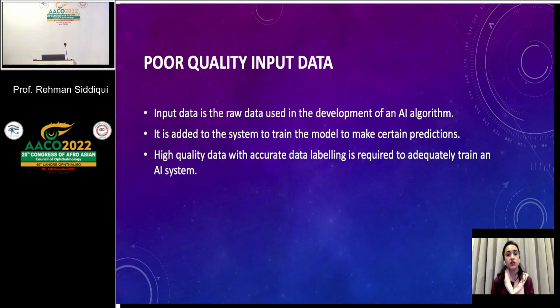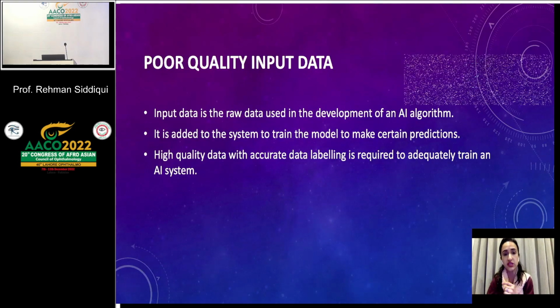Okay, so as we can expect, high quality input data with accurate data labeling is required to adequately train an AI system. So if I were to feed images of diabetic retinopathy to an AI system with improper grading, with faulty classes and grades of diabetic retinopathy, then that system would learn incorrect diagnosis, and it would give us wrong predictions about if DR is present or absent and what grade it is.